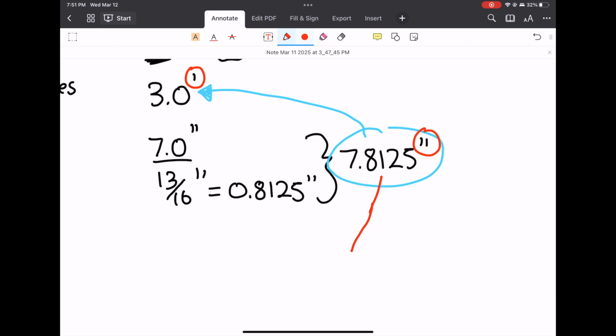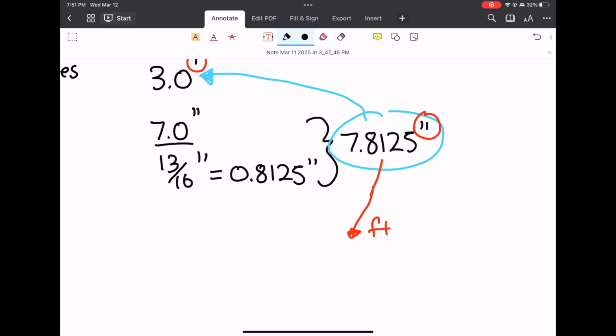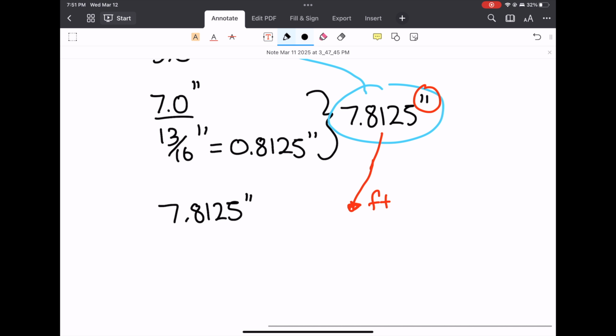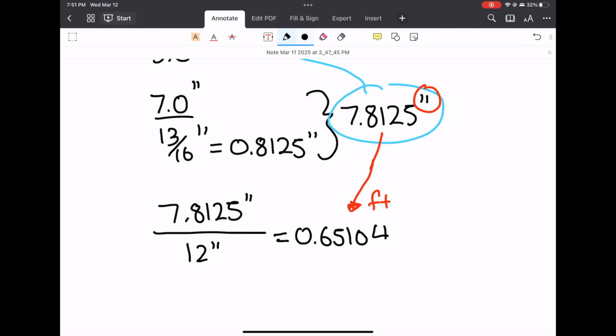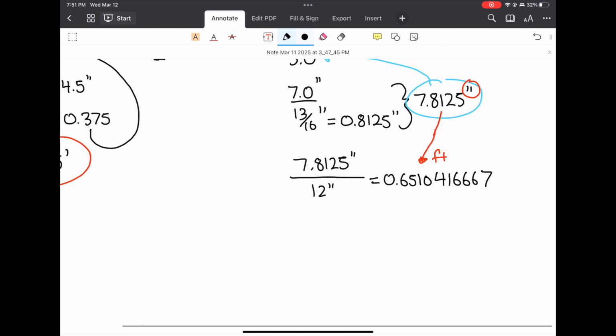So we have to convert 7.8125 inches to feet, and we do that by dividing by 12, since 1 foot has 12 inches. 7.8125 divided by 12 gives 0.651041667.